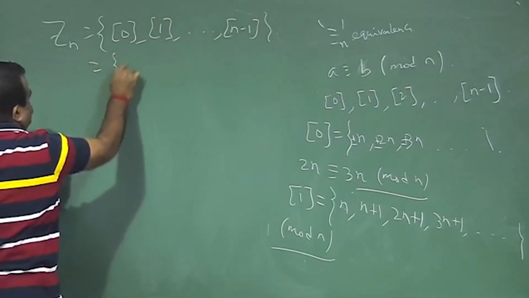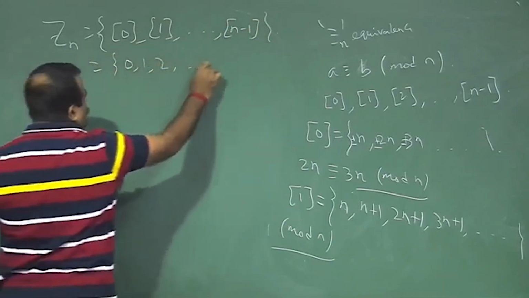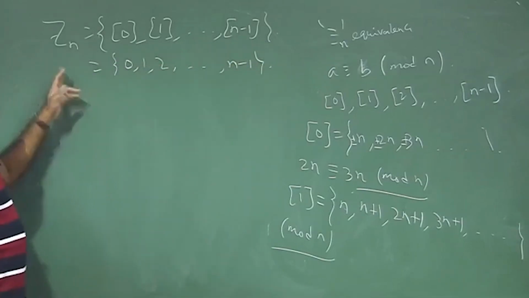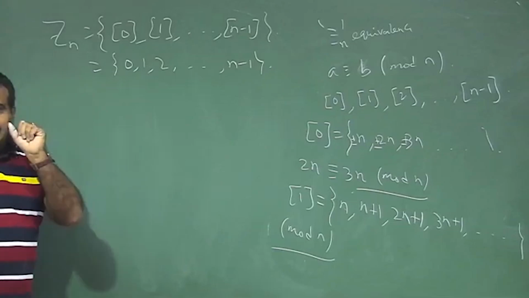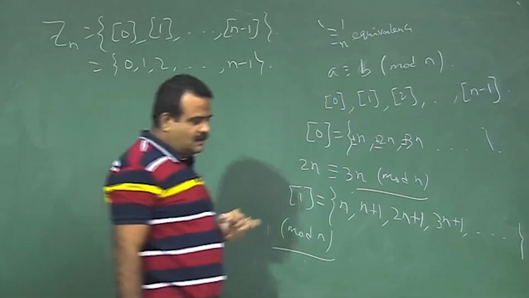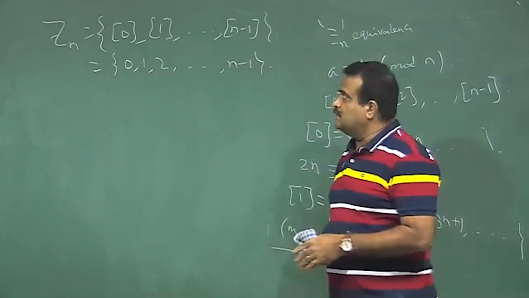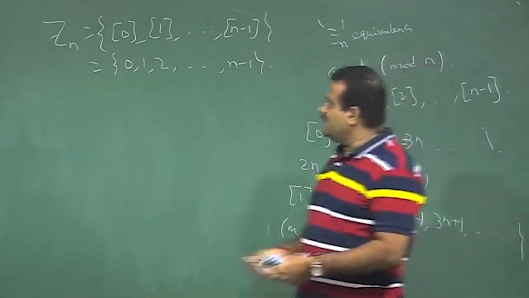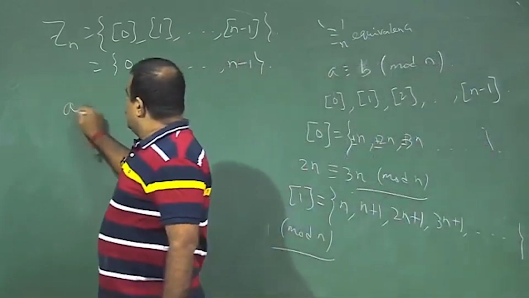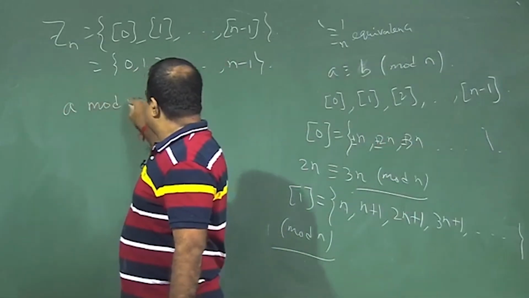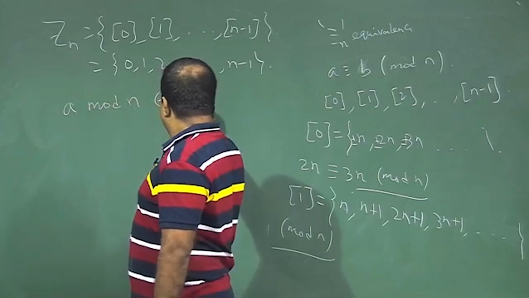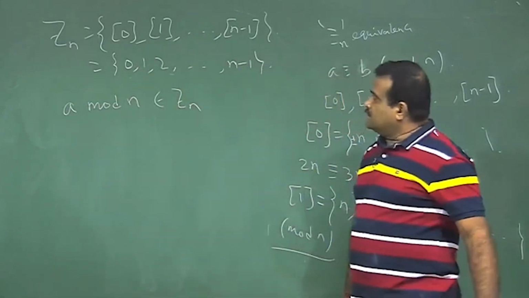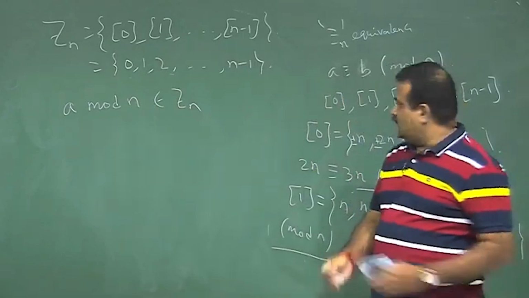For simplicity, we just write 0, 1 up to n minus 1. This is denoted by Zn. So, this is basically the set of all equivalence classes. That means any integer belongs to one of these classes. If you take any integer a and take mod n, it will belong to Zn, because the remainder will be one of 0 to n minus 1.